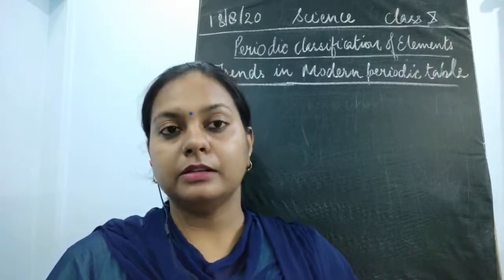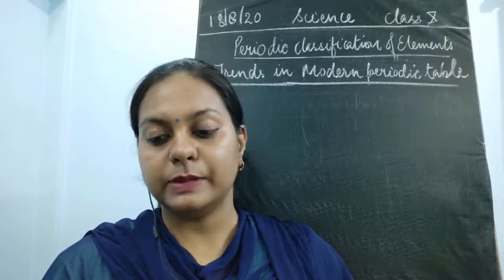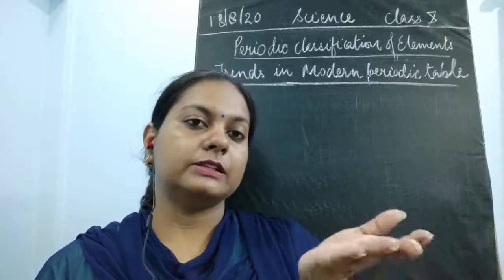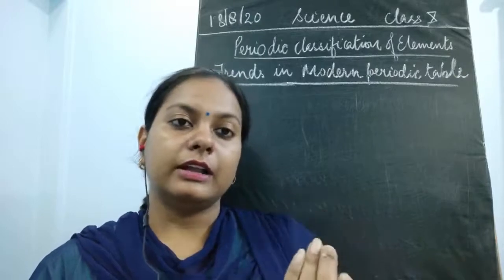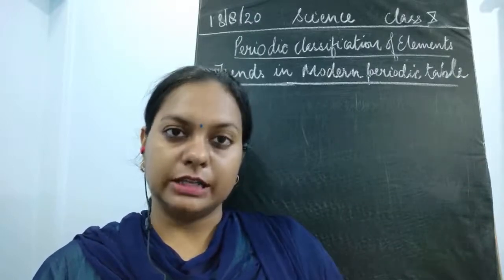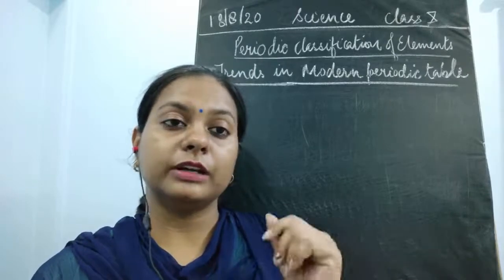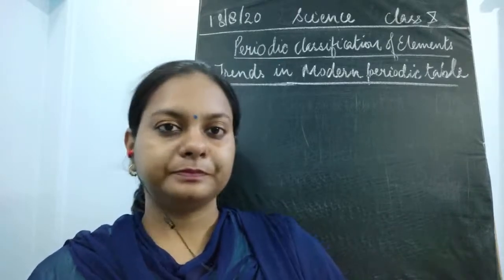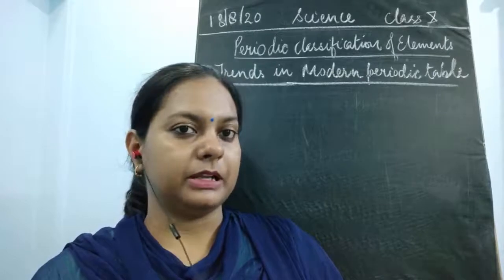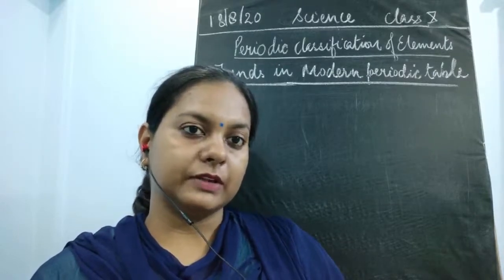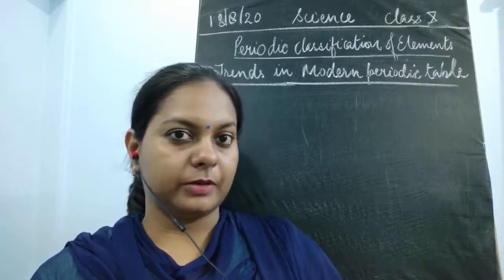Then the third scientist was Mendeleev, who gave the basic idea of this classification regarding the nature of the atomic masses of different elements, and he also took the physical and chemical properties together with the relationship between the atomic masses.